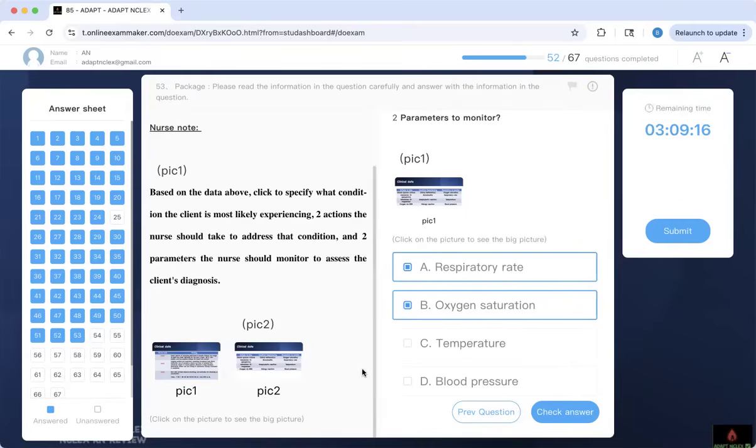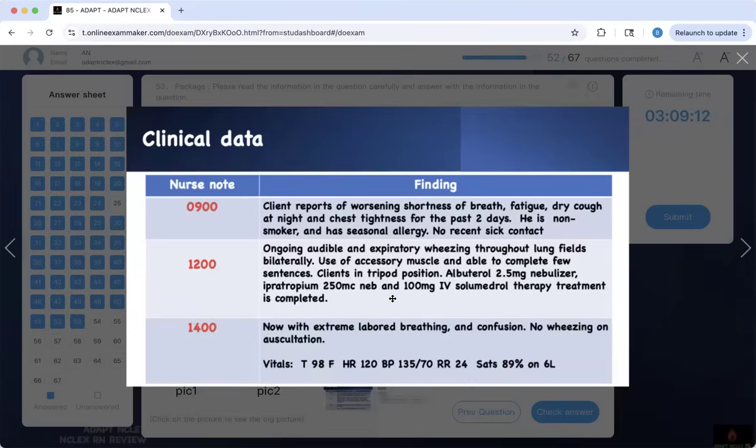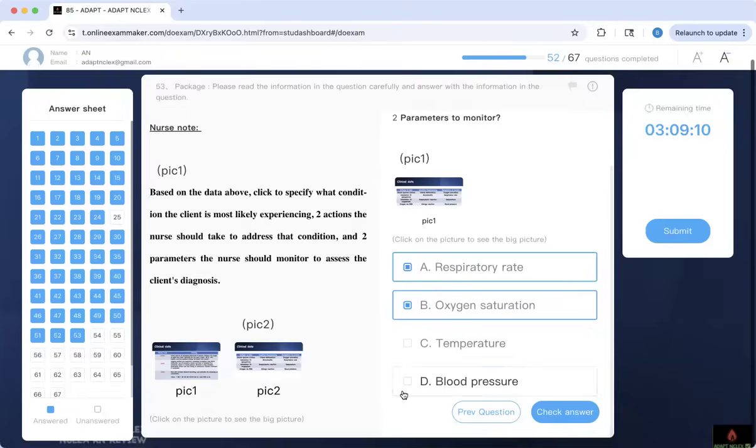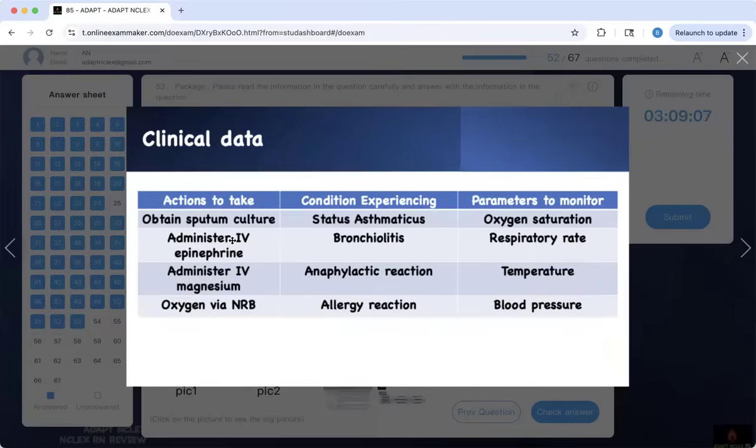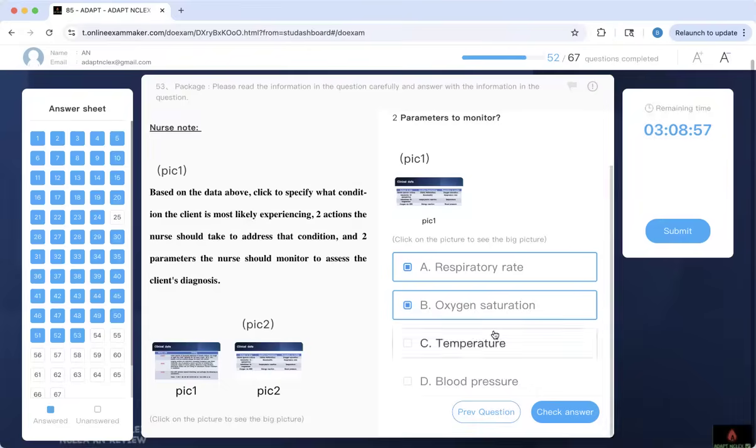I don't care about your temperature or your blood pressure. But this is an asthma exacerbation. Based on that, we give the patient epi, magnesium, and then we have to monitor oxygen and respiratory rate.